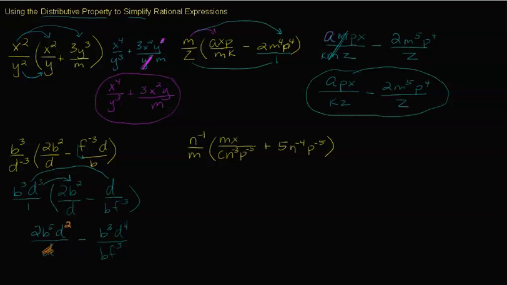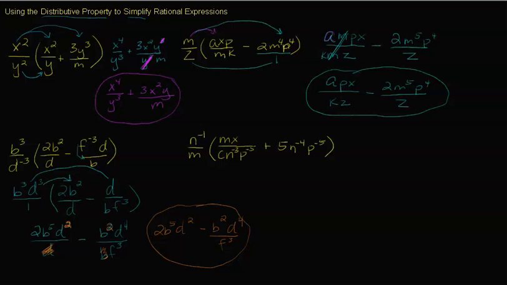So let's write that over here. 2b to the fifth d squared. Now this b is going to cancel out one of these, and that's all that you can cancel out. So minus b squared d to the fourth over f to the third, and that's our final answer.